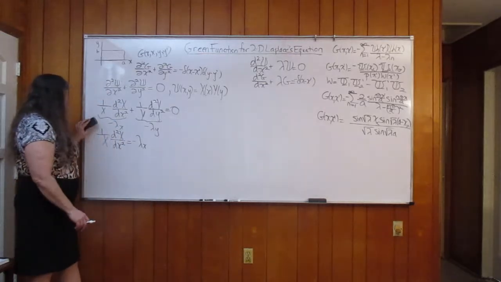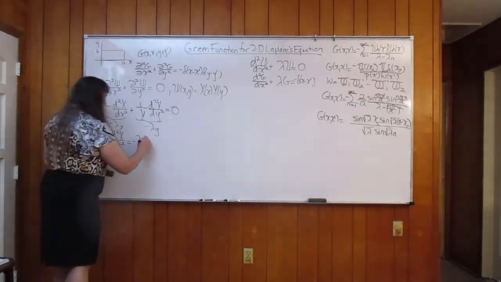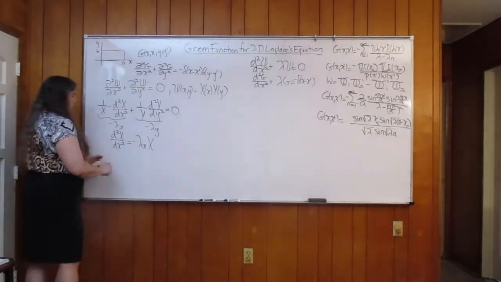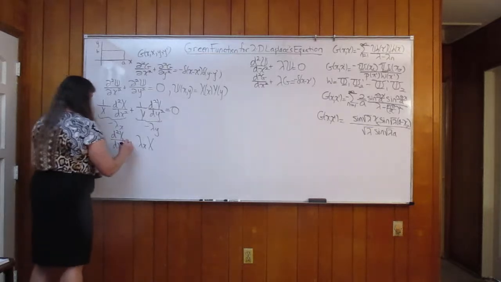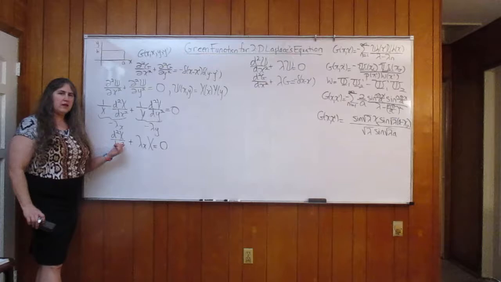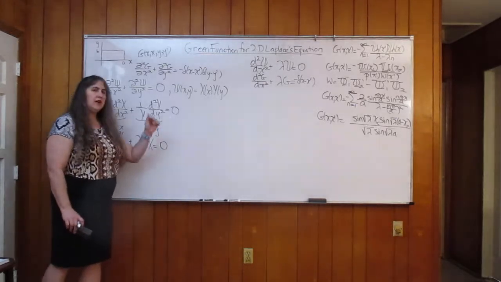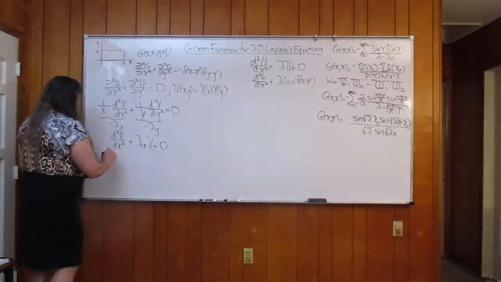So I can multiply both sides through by the function X, and then also move this term over to the left-hand side. I'll just wind up with the second derivative of X with respect to x plus lambda x times X is equal to 0.